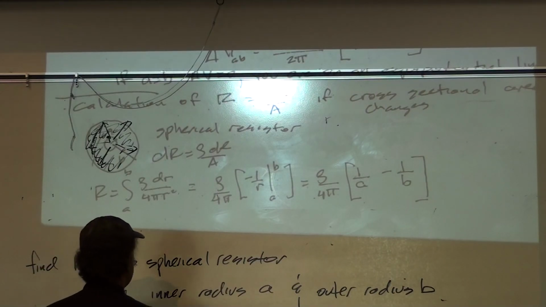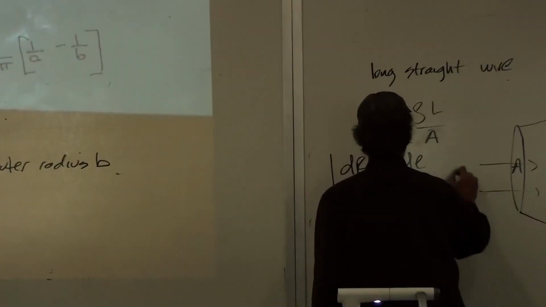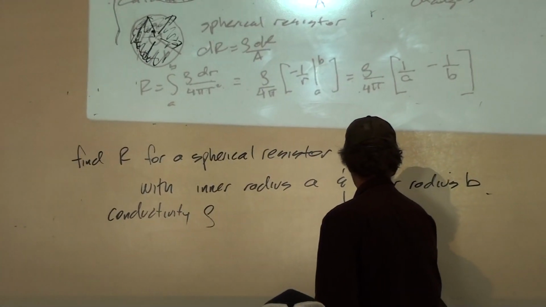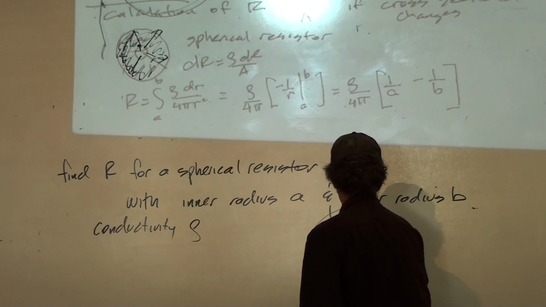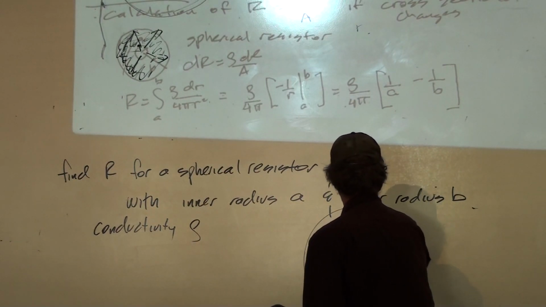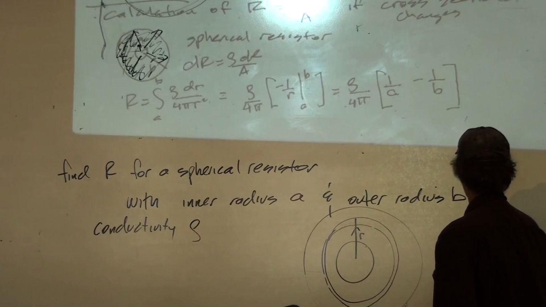And so what we can do is say, well, if dR is rho dl over A, then dl is the little tiny bit of distance that the current moves as it expands. So your dl here would be a dr, because the current is moving in the radial direction.